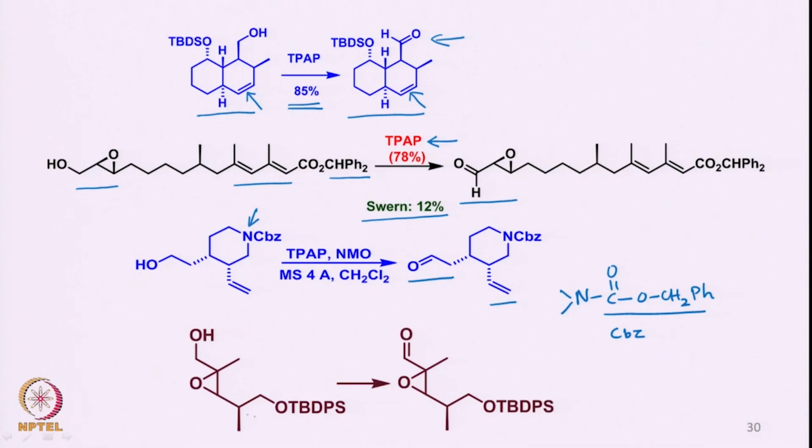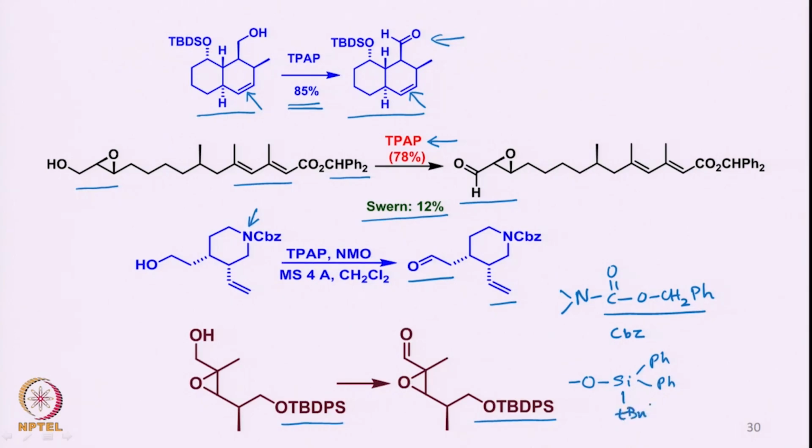And another example is of course this lower one, where this protecting group is also unaffected, which is tertiary butyl diphenyl silyl. That is, this protecting group is like this. We have 2 phenyl rings here and tertiary butyl.